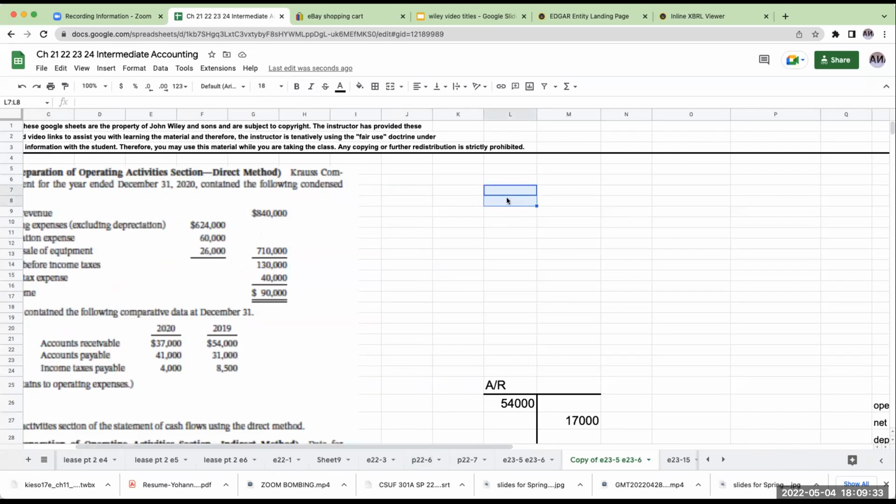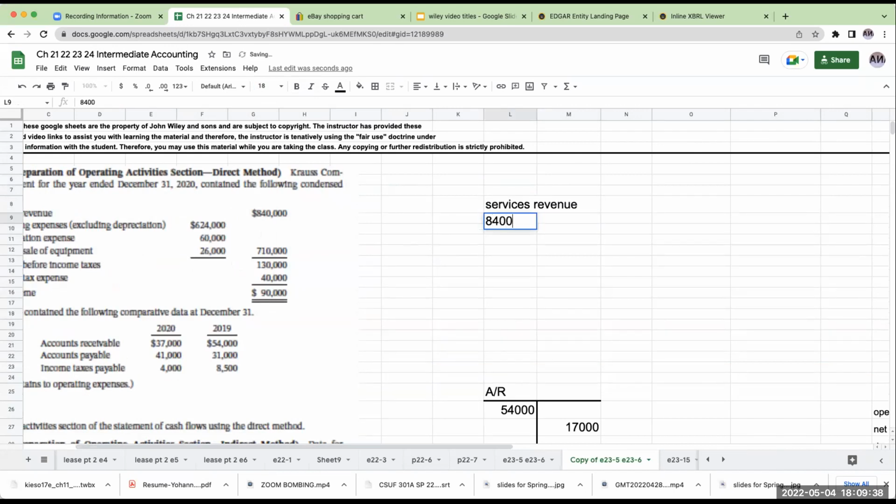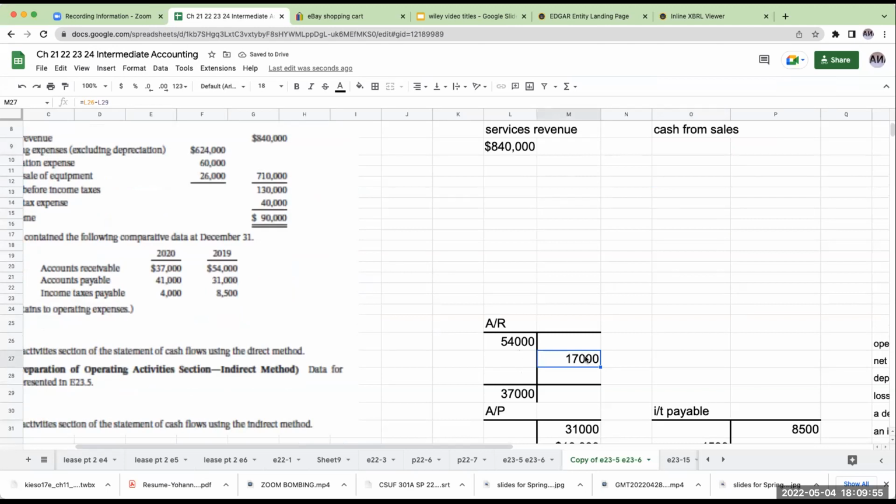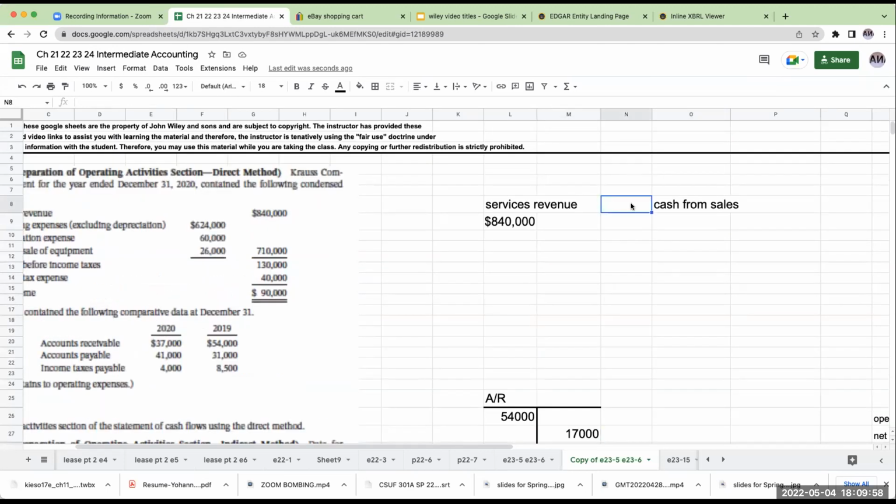So over here, our services revenue is going to be 840,000, a positive amount. Now, what I'm trying to do is look at this in terms of what my actual cash from sales was. Since my accounts receivable decreased by the 17,000, that is the change plus my decrease in accounts receivable.